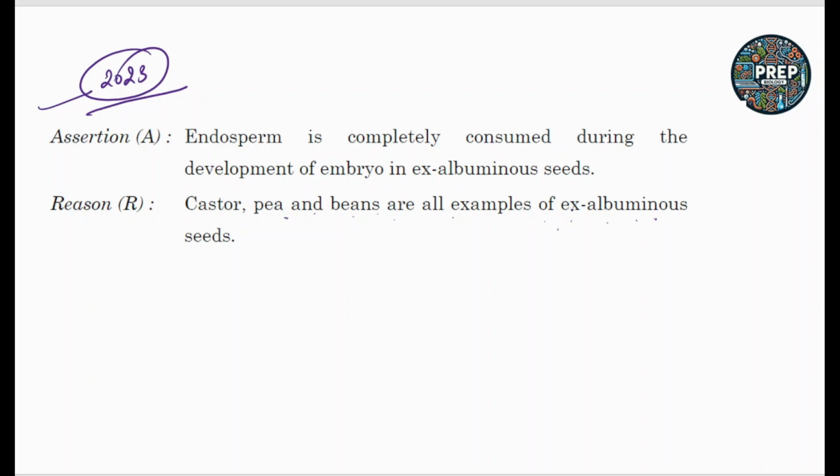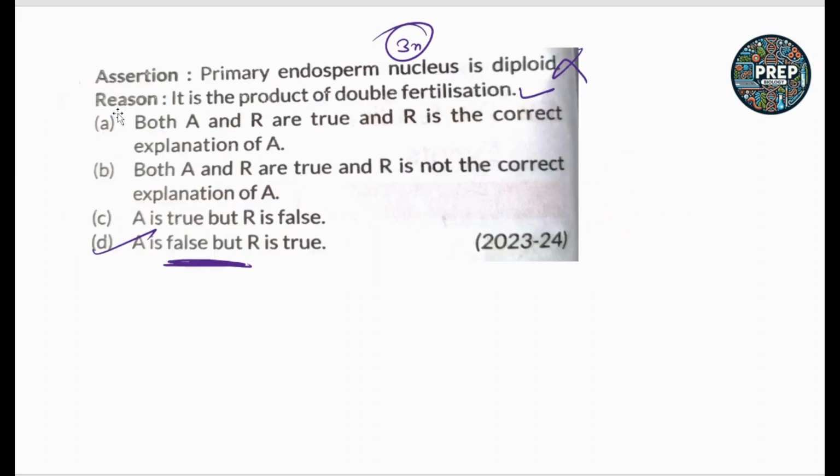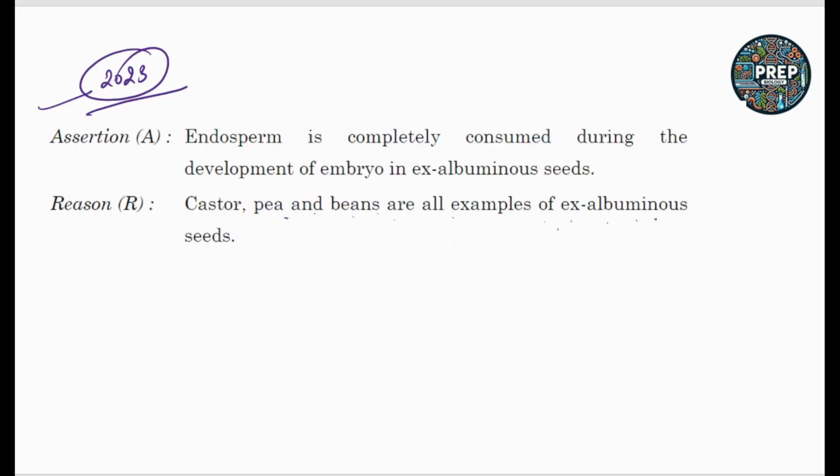We have two kinds of seeds, albuminous and exalbuminous seeds. In albuminous seeds, some part of the endosperm is retained. So this statement, endosperm is completely consumed, is incorrect.